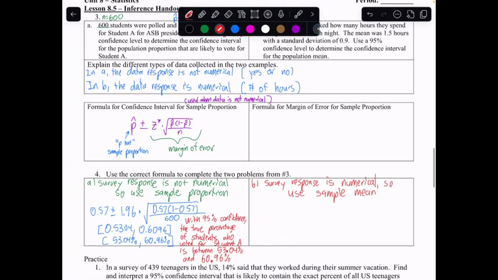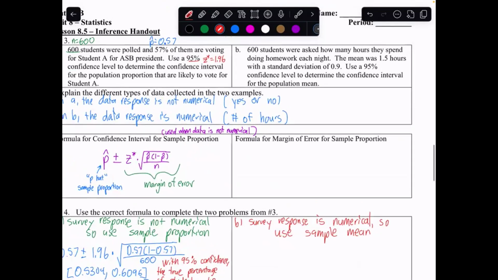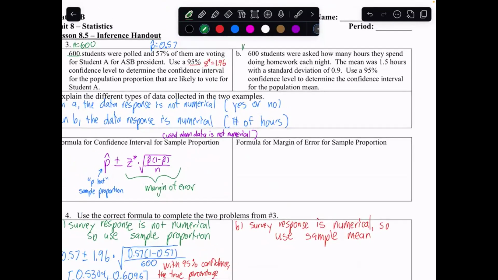Now we're back to the formula from the front page. We have the sample size, the sample mean, and the standard deviation, and because it's 95%, the crit is still 1.96.